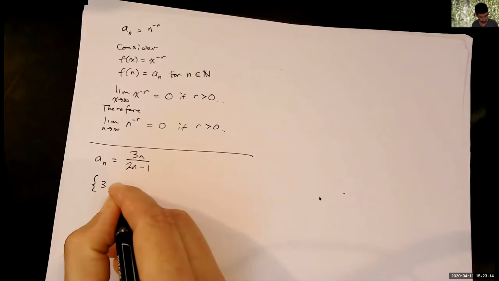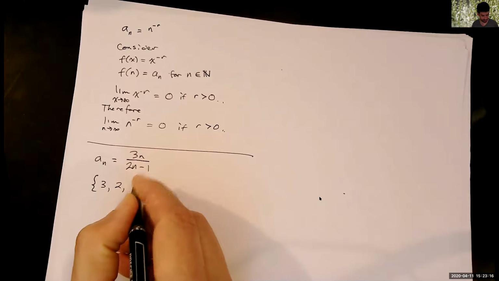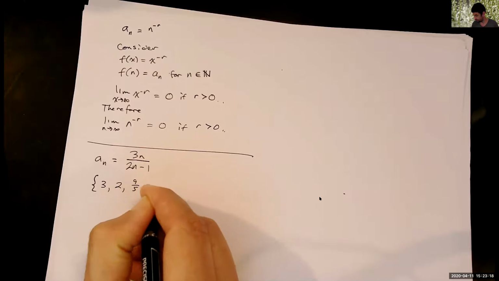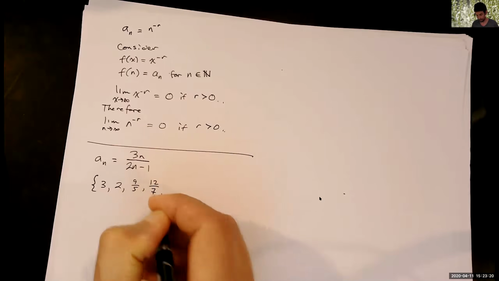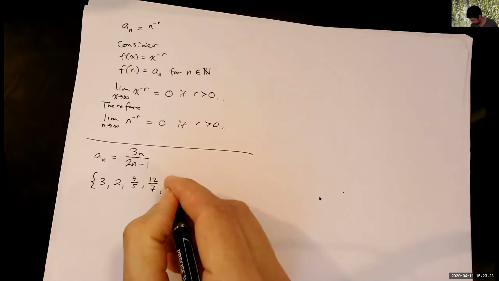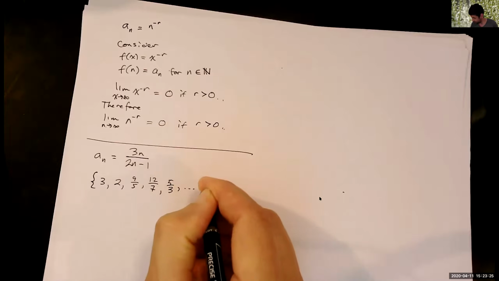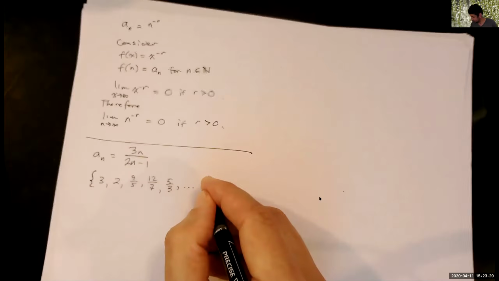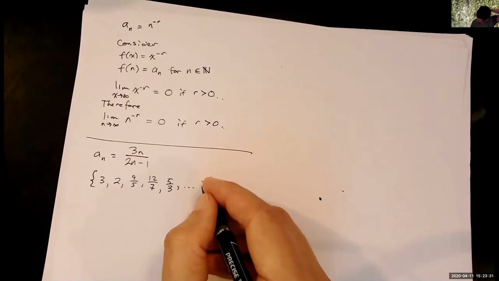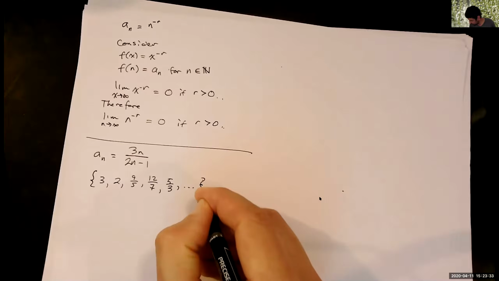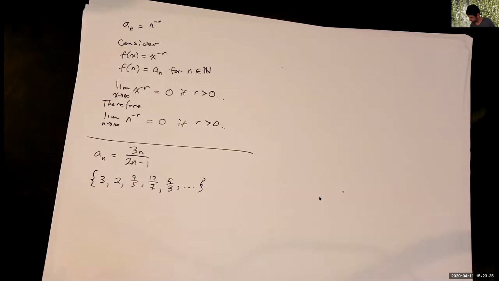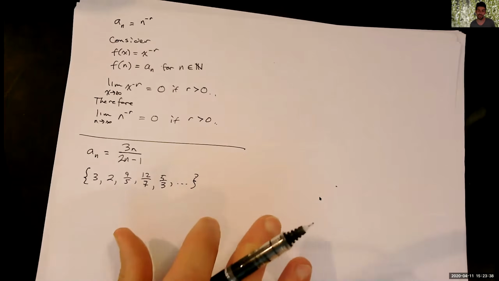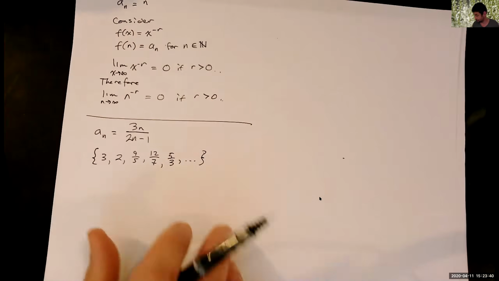When n equals 2, this turns out to be 2. Then we get 9/5, 12/7, 5/3, and on and on and on. Right? So it appears to be getting smaller, but it's not clear exactly what's happening here, right?